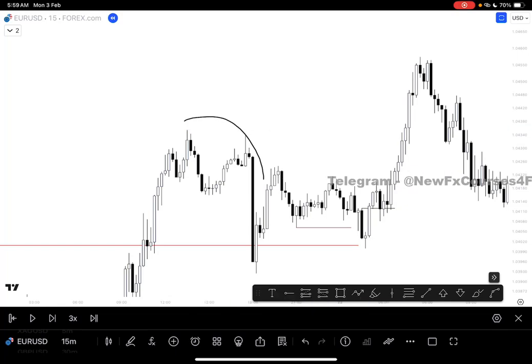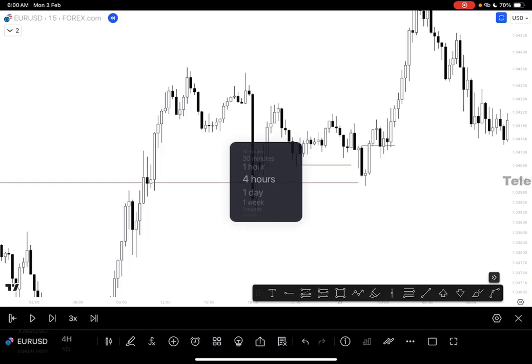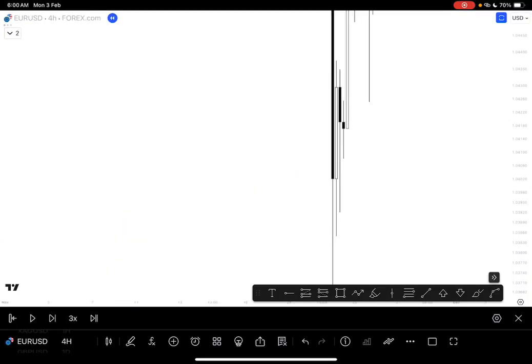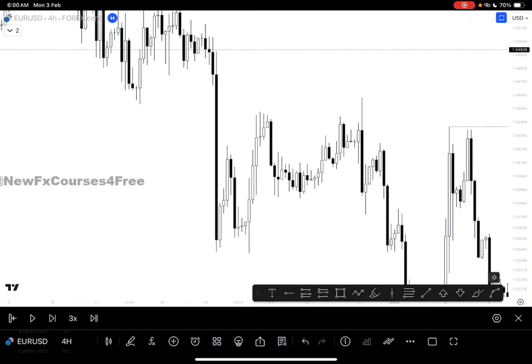So that's how you actually use time frame alignment for your own purpose.